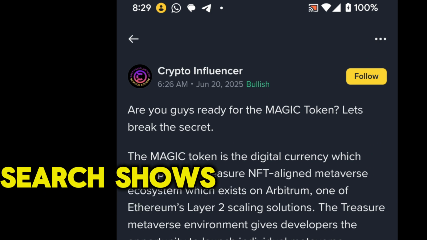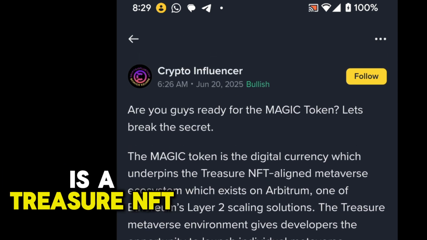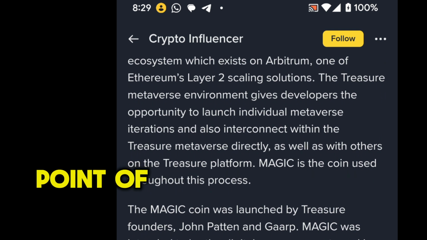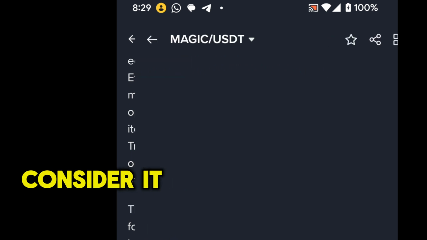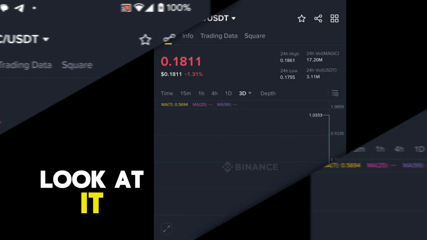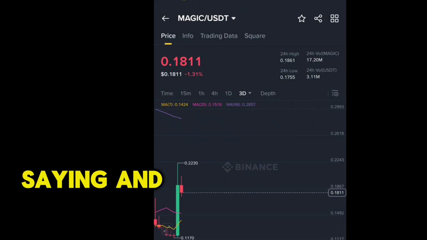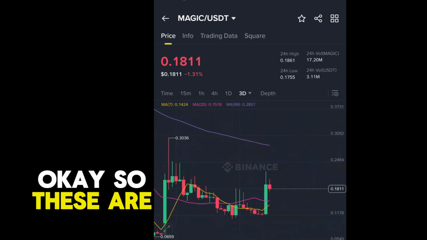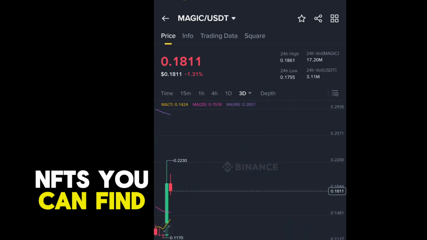As you can see, research shows that it is a treasure NFT. This simply means at this point you might want to consider this coin as a treasure NFT, and you might want to look at what the market is saying and what treasure it holds. Okay, so these are some of the treasure NFTs you can find on Binance.